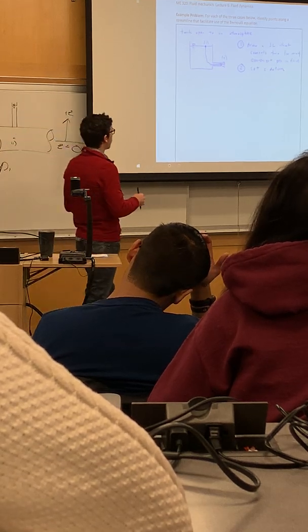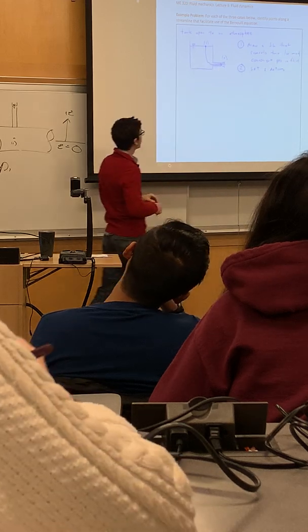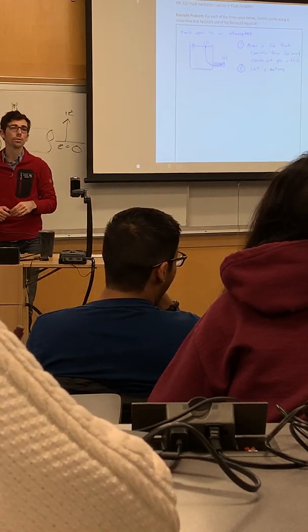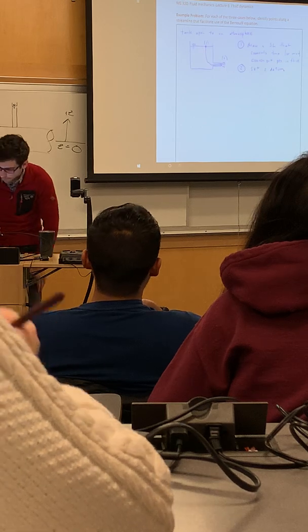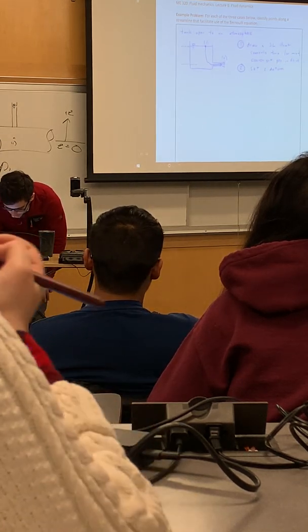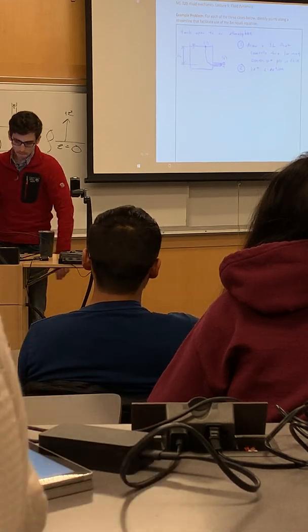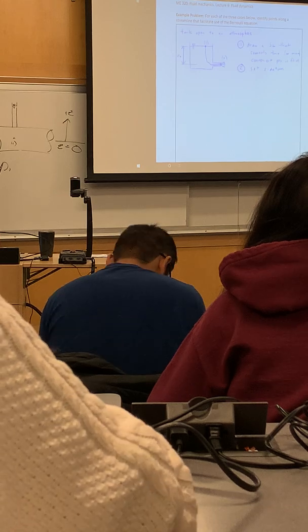So I would recommend setting the datum towards the bottom of the fluid and set it based on the information that's provided to you. So in this example, imagine you're given a height h. Right?